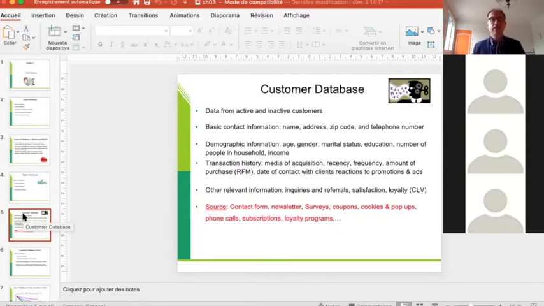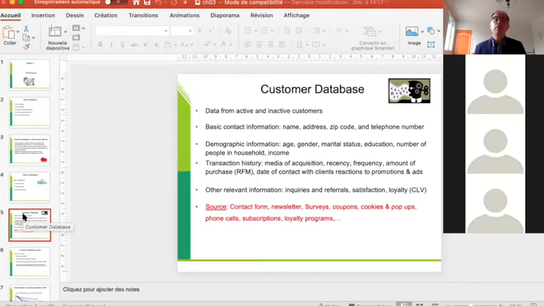The customer database contains customer data from active and inactive customers. So active customers who still purchase from the firm, and inactive customers, also called dormant customers, who have not purchased for a while. These customers might have defected, so they might not be customers anymore, or they might only be inactive.